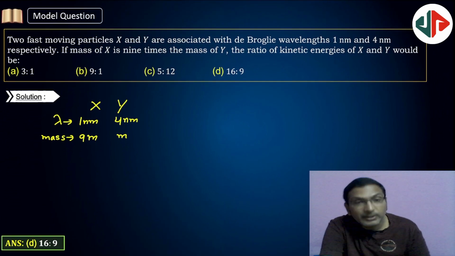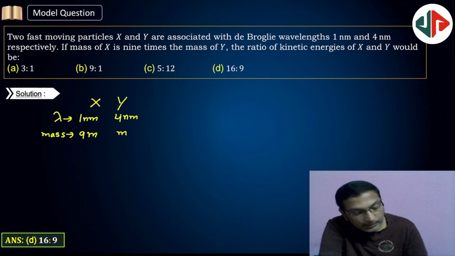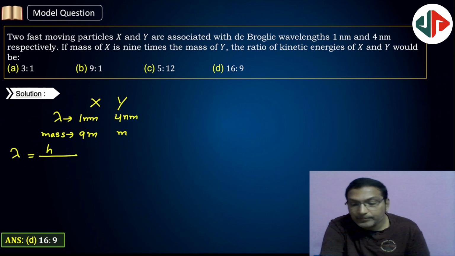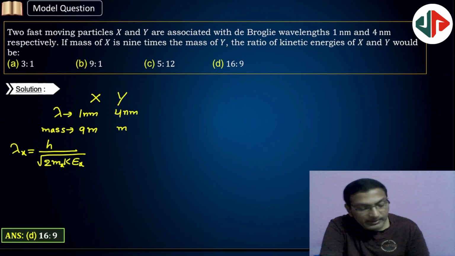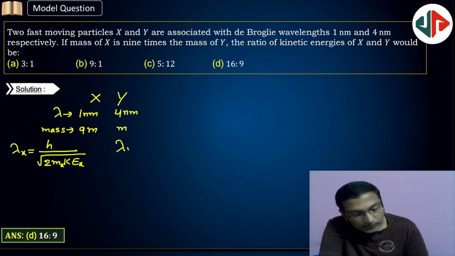Next we know de Broglie's relation. Lambda equal to h by root 2m into KE. Here lambda x, mx and KEx. Similarly, for lambda y, h by root 2my KEy.